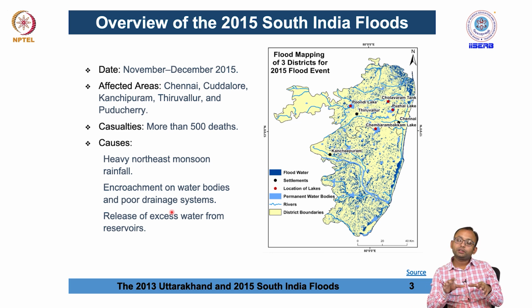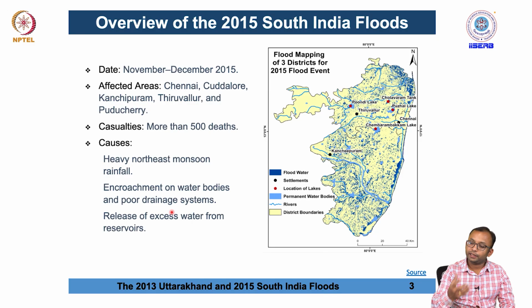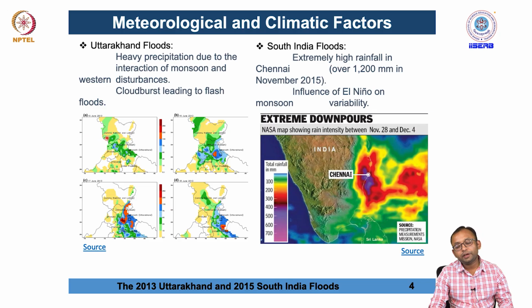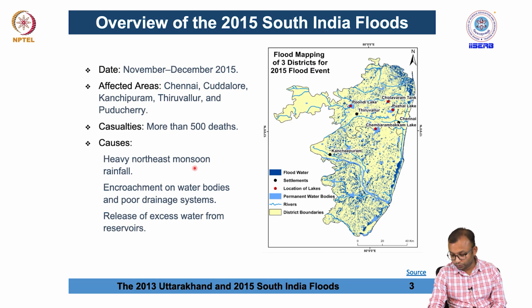So the release of water, because intense rainfall was occurring, the encroachment of the water bodies, the poor drainage system, and the excess water coming from the upstream region through the reservoirs also created more problems associated with flooding in this region and created significant damage. Particularly when we compare these two different events, we have observed heavy rainfall, extreme rainfall, that is monsoon and, in the south, the northeast monsoon season.